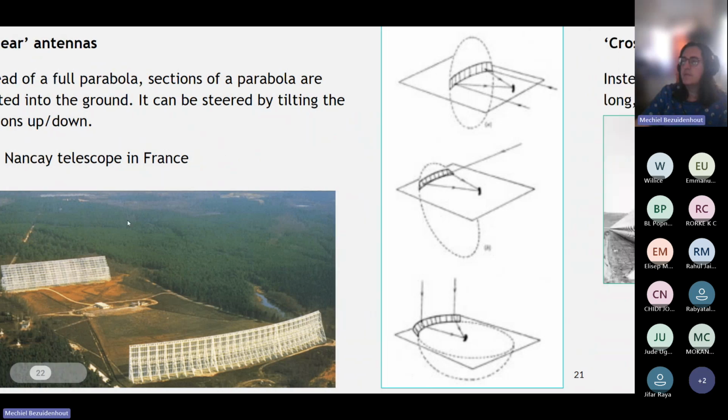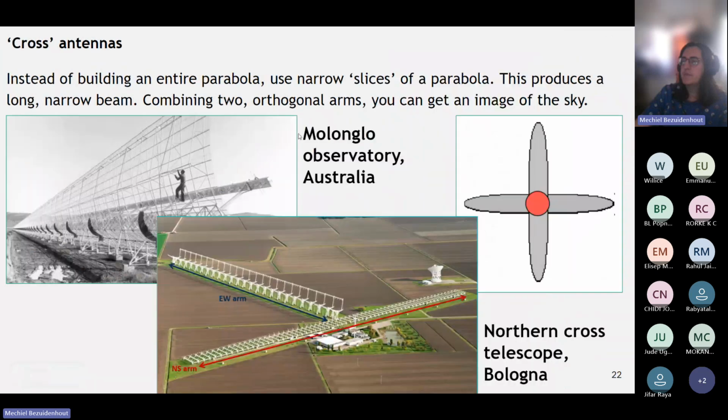There are also cross-type antennas, which follow a similar principle to the big ear antennas, where instead of building an entire parabola, you use narrow slices of a parabola. Think about a watermelon: cut the watermelon in half and slice it into narrow slices.